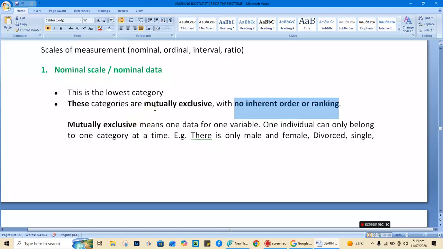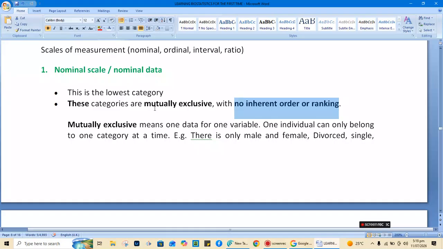For example, if you get male or female, you can only be male at one time, or only female at a time. You can either have the disease or not have the disease. You can only have one marital status: either you are single, taken, or divorced, and there is nothing like a complicated relationship.